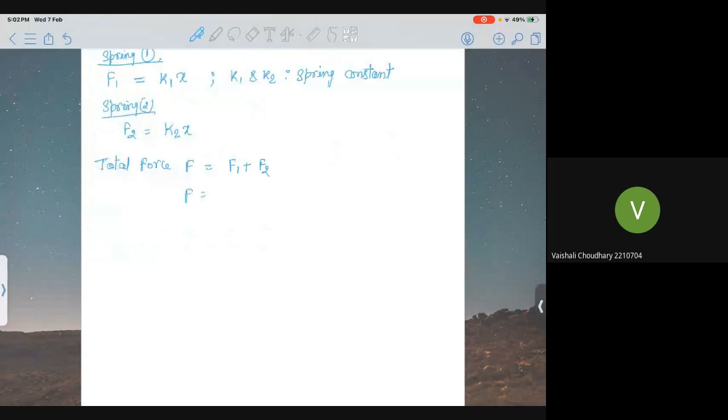If we put in the values of F1, which is K1 times X, and K2 times X, we will get K1 plus K2 times X, or we can say that the equivalent spring constant in case of a parallel system is K1 plus K2.